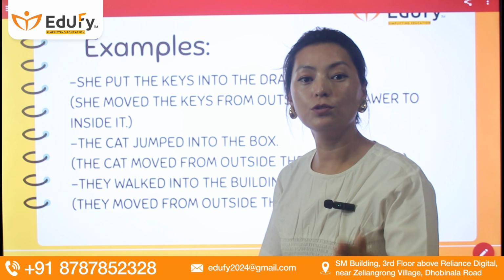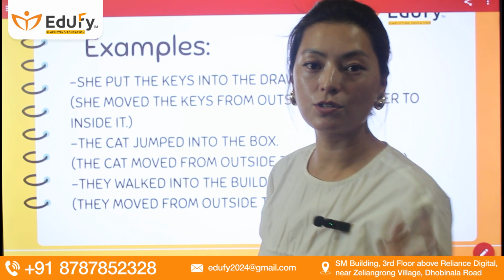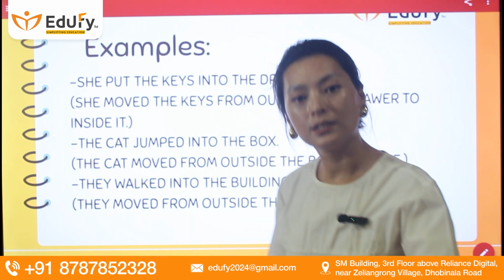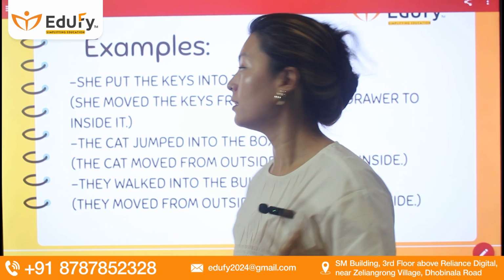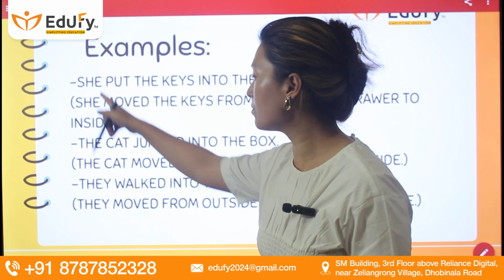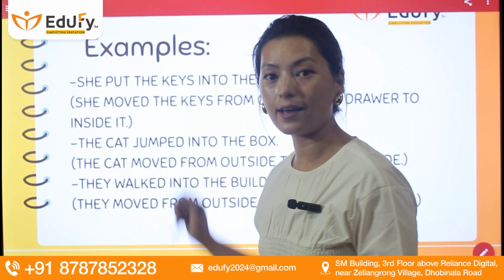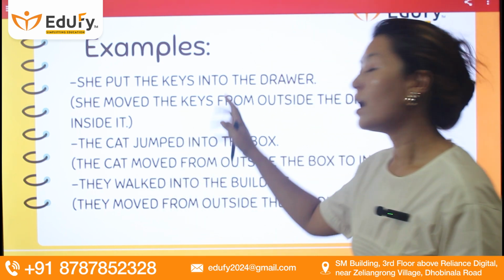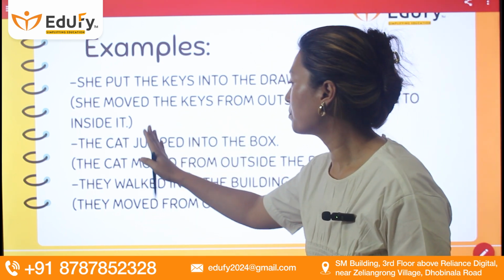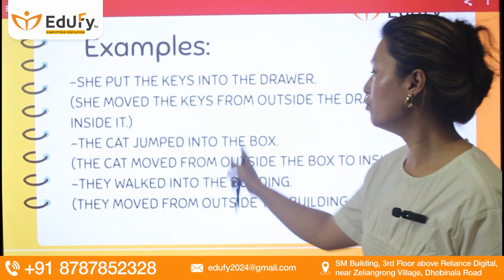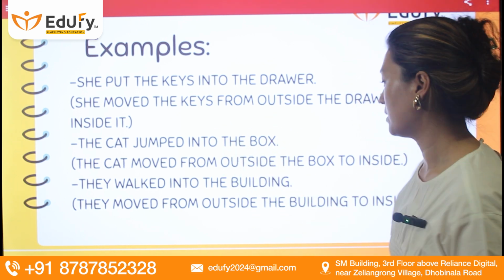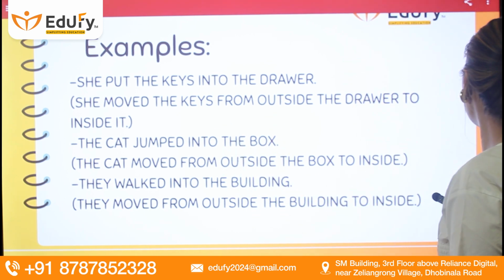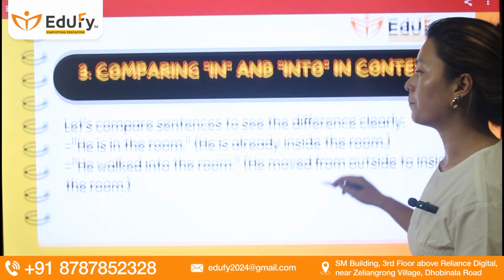The cat has moved from the outside of the box to the inside of the box, signifying movement. Both of these sentences suggest that the nouns, she and the cat, are both performing some kind of movement into the enclosed space. So that is the example that you can remember.